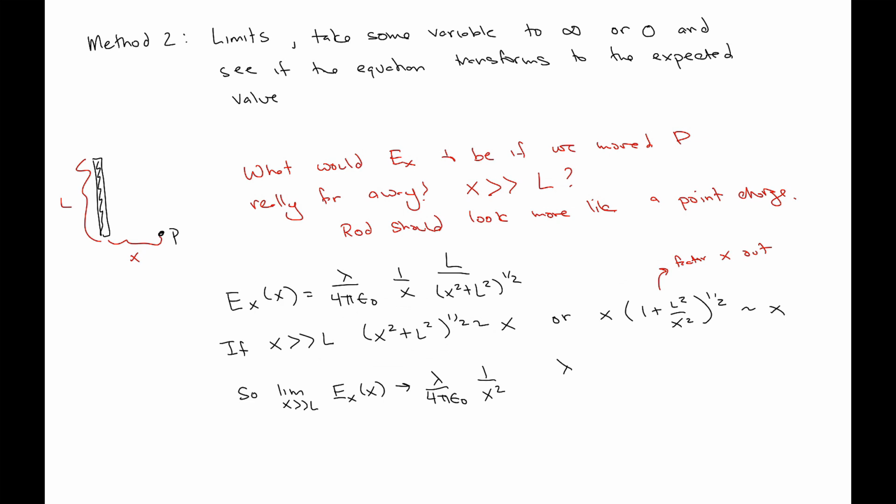Remembering that lambda times L, sorry, this should be an L here, is equal to Q, the total charge of the object. And x in this scenario is about the same thing as r. So what you end up with is Coulomb's law, the electric field for a point charge, which is what you would expect. So that's also a good check. The limit works.